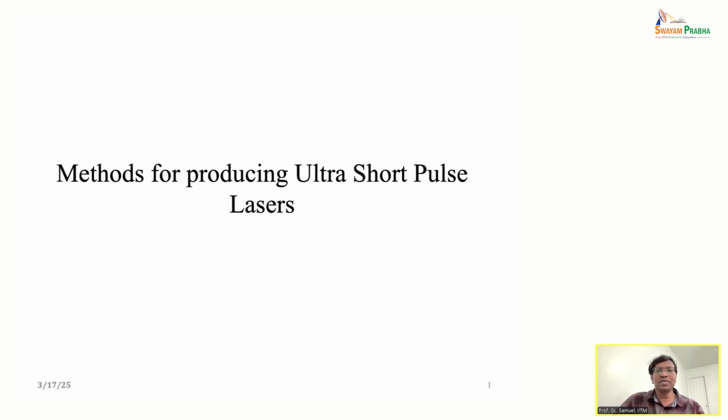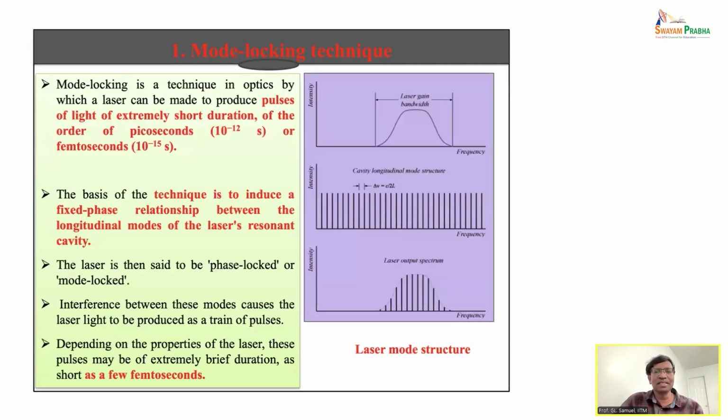Now you may ask a question: how do we produce the ultra short pulse lasers? Laser production, I think we are already familiar with, as I mentioned. But producing these ultra short pulse lasers is really an interesting phenomenon. In the beginning, when the technology was developing, they tried to get the pulse lasers with a mechanical mechanism.